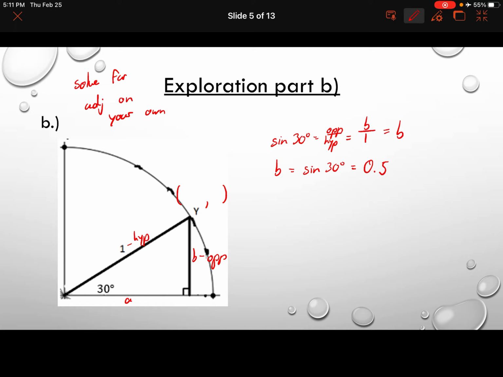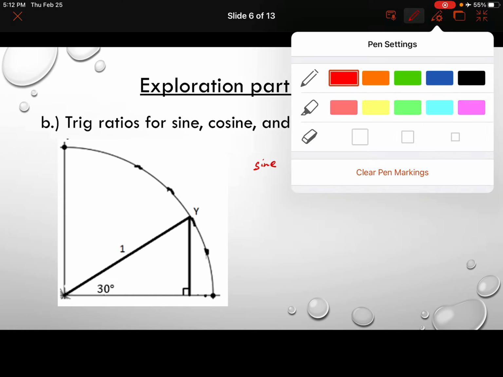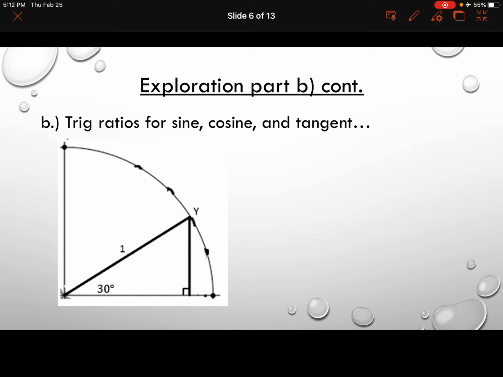I want you to find the coordinates of point Y on this unit circle, after you figure out what the adjacent side is. Let's do the ratios again, but once again, I'm just going to be doing the ratios for sine. Whoops, I don't know why I wrote sine.